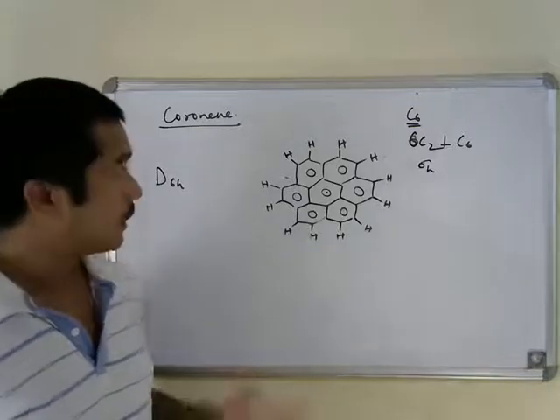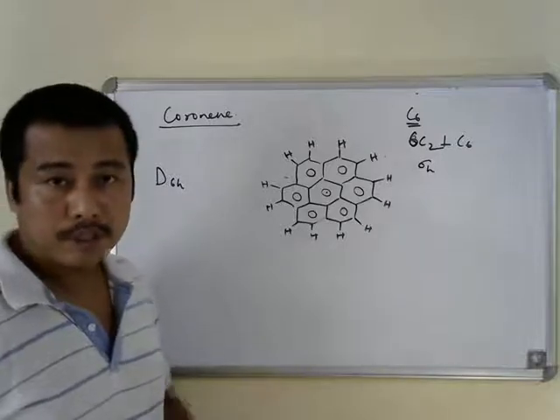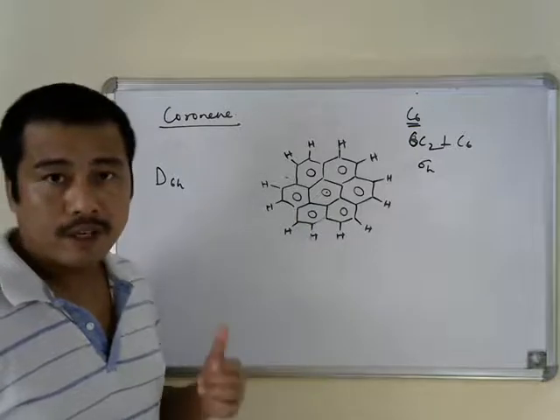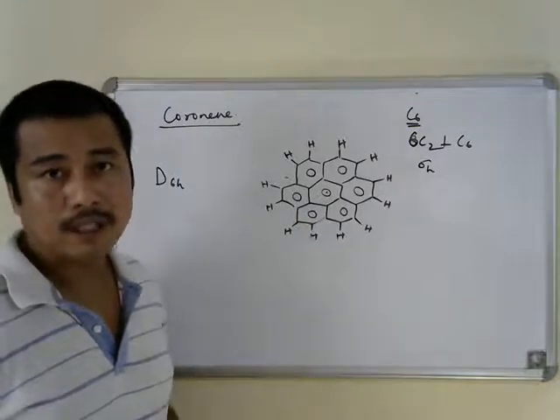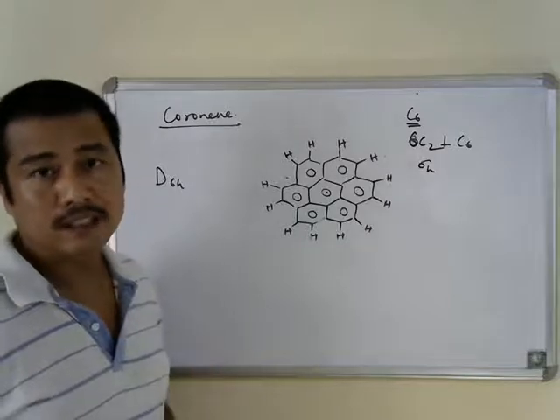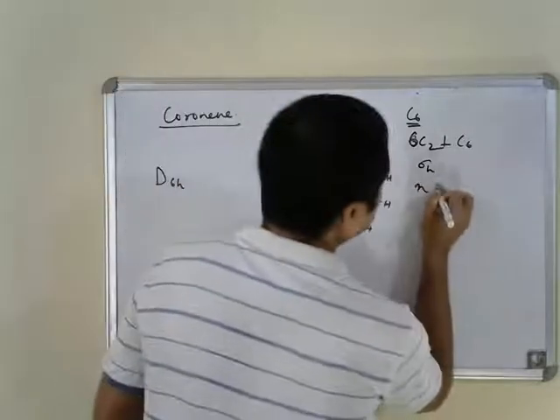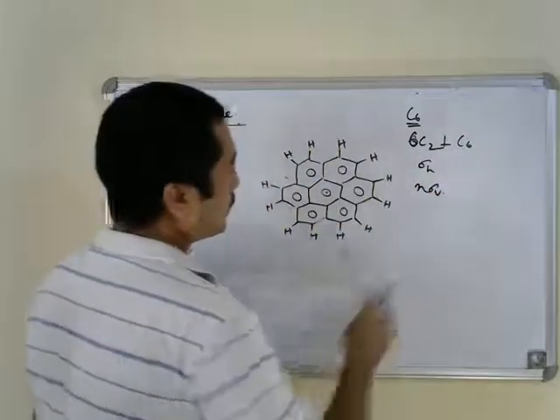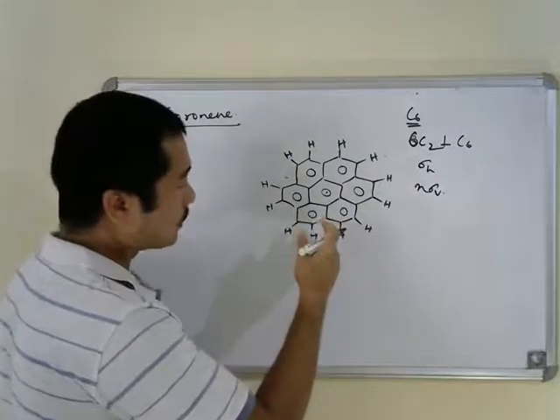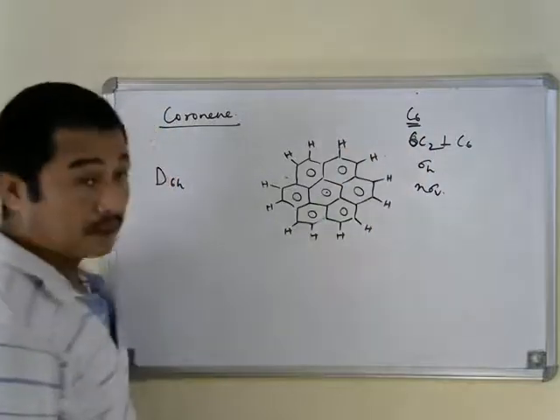Whenever we have a Cn axis of symmetry and n C2 axes of symmetry perpendicular to the Cn, and then we add a sigma h, we will also have the mathematical requirement that there are n sigma v's, vertical planes of symmetry which contain both the C2 axis of symmetry as well as the principal axis of symmetry.